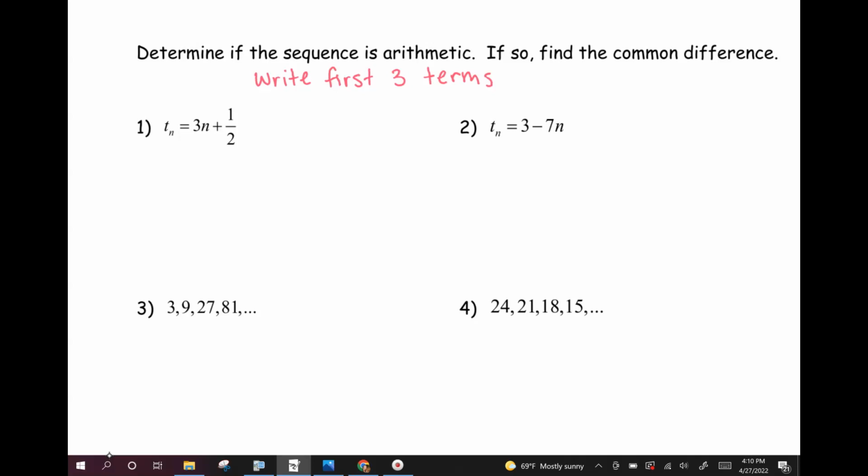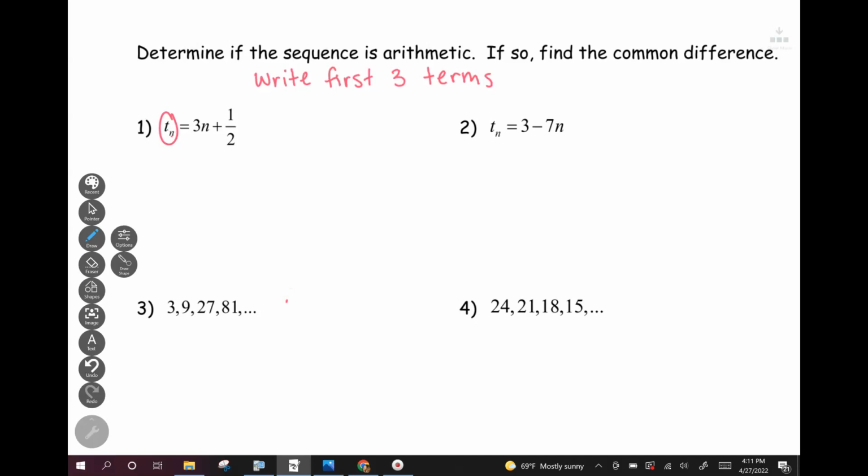All right, here's how you get the terms in a sequence. So this Tn is just saying I'm looking at the nth term of the sequence. So to figure out the first term, I'm going to plug in 1 for n. I'm just going to put 3.5 instead of a fraction. That sounds easier.